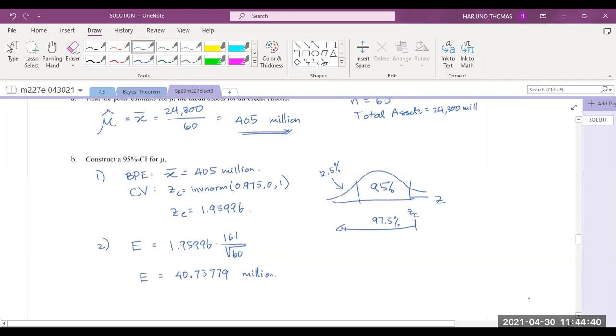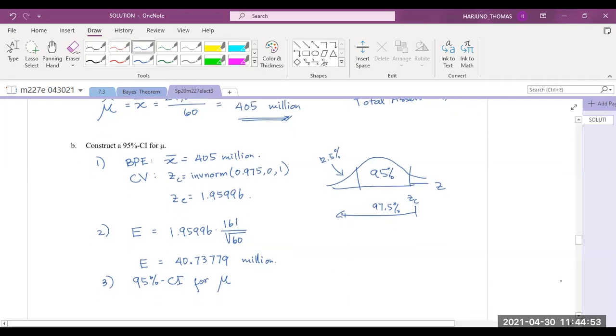So the 95% confidence interval for the average assets of all American Credit Union Association will be best point estimate minus margin of error, less than mu, less than best point estimate plus margin of error.